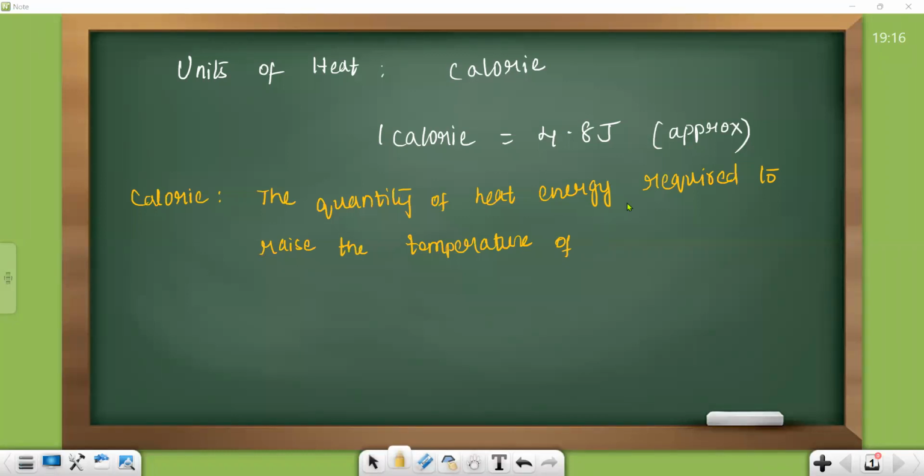Okay. So the quantity of heat energy required to raise the temperature of 1 gram of pure water through 1 degree Celsius is called calorie.